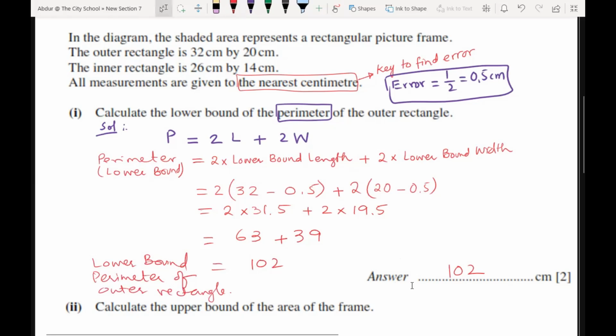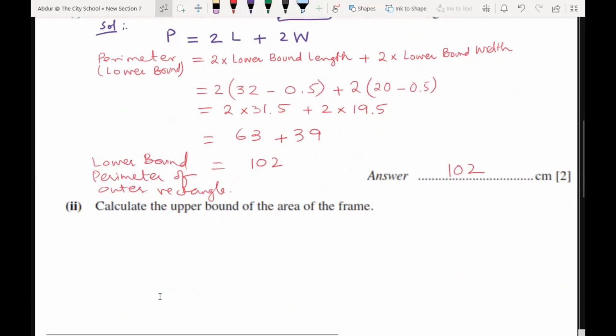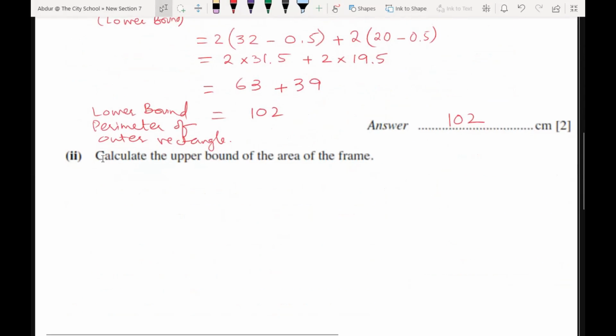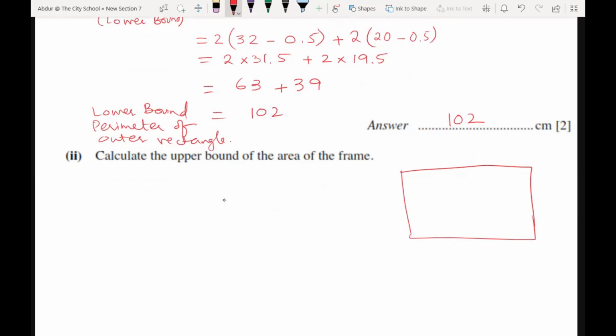Now move on to part 2. In part 2, calculate the upper bound of the area of the frame. Recall the shape. This is your outer rectangle and this is your inner rectangle and the shaded region was your frame.